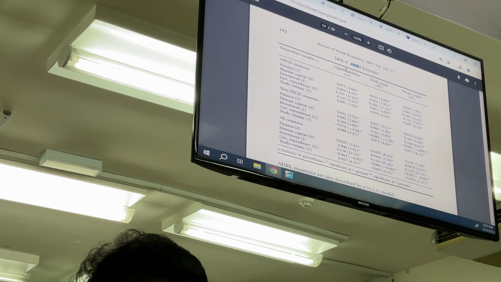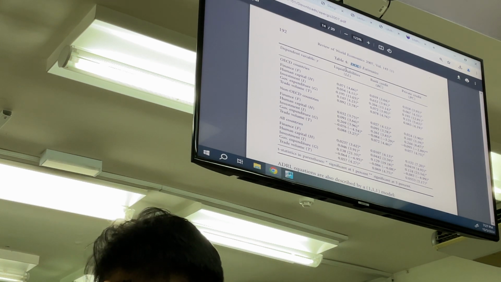In that scenario, we have to use a regression that accommodates the I(1) variables. In this field, researchers will use the fully modified OLS or the dynamic OLS, which is normally used to tackle the I(1) series.